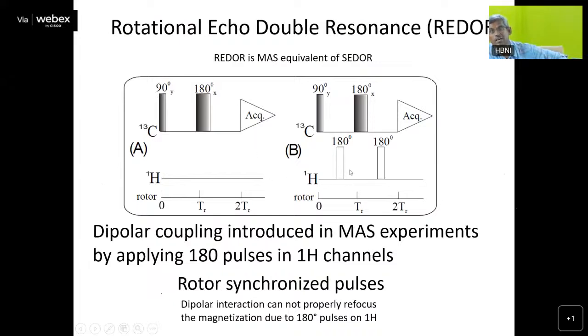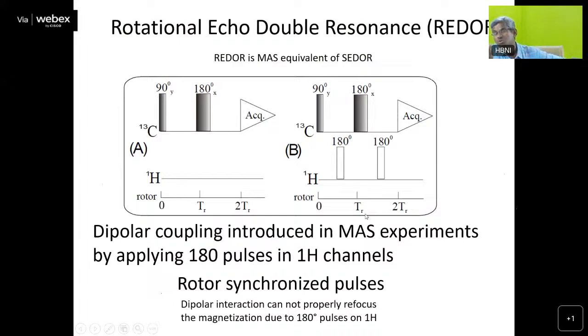Now, what happens then? I am applying two pulses, rotor synchronized pulses. I apply the 180 degree pulse synchronized with respect to the rotor frequency. This is the carbon 13 channel, and this is the proton channel. On the proton channel I apply a 180 degree pulse in between, once per rotor period. TR is nothing but the rotor period, correct?